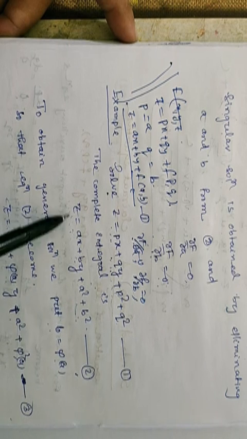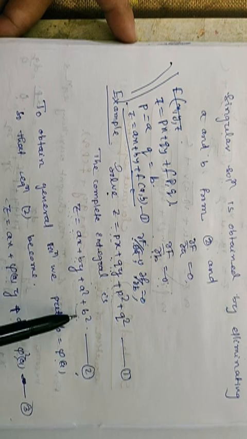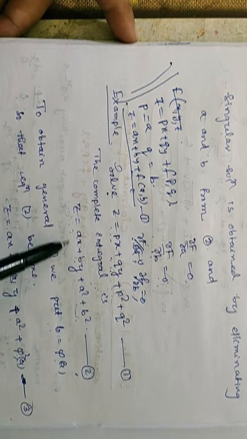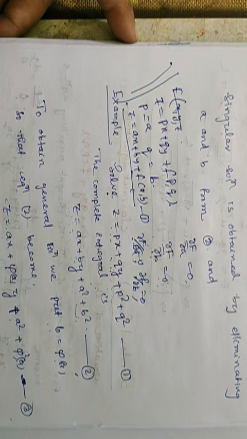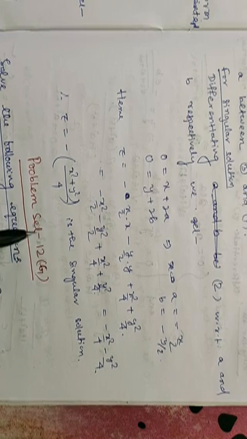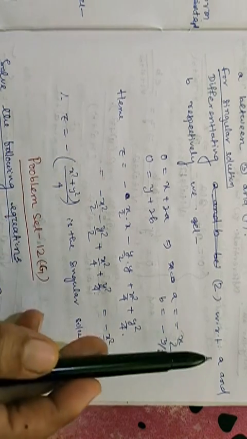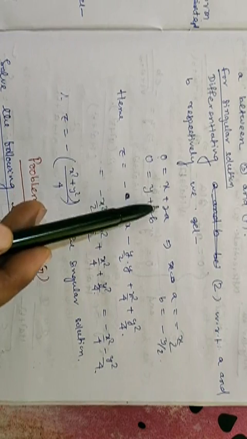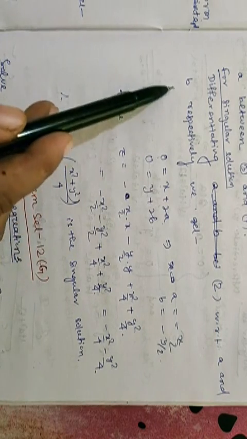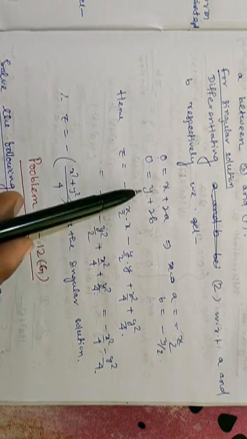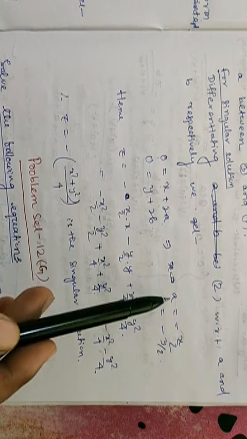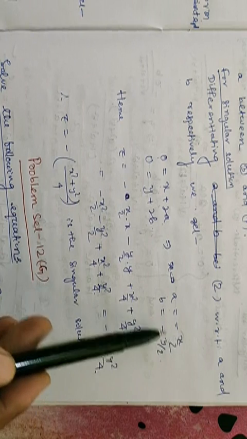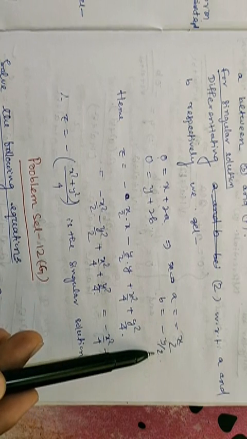We will differentiate this with respect to a once, and again we differentiate this with respect to b. So differentiating with respect to a, we get 0 is equal to x plus 2a, and differentiating with respect to b, we get 0 is equal to y plus 2b. That implies a is equal to minus x by 2, b is equal to minus y by 2.